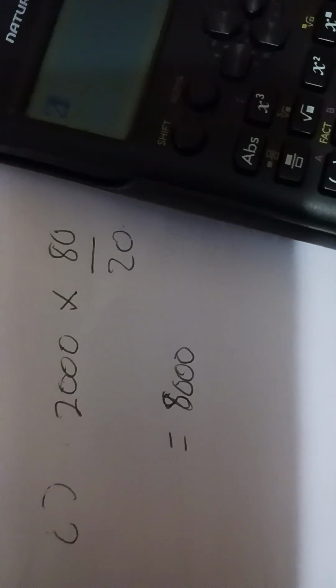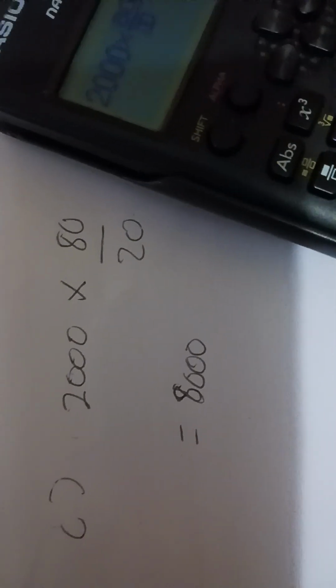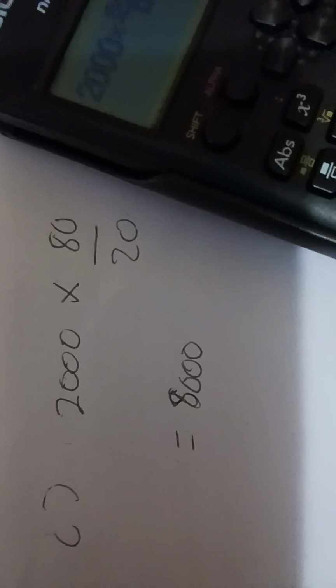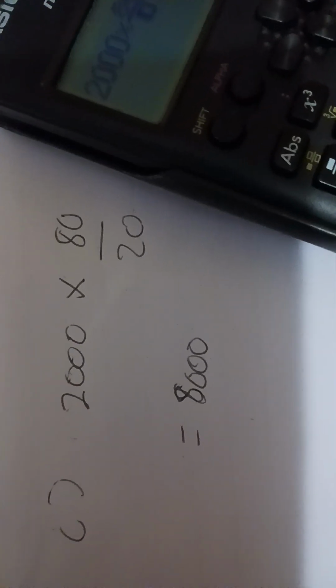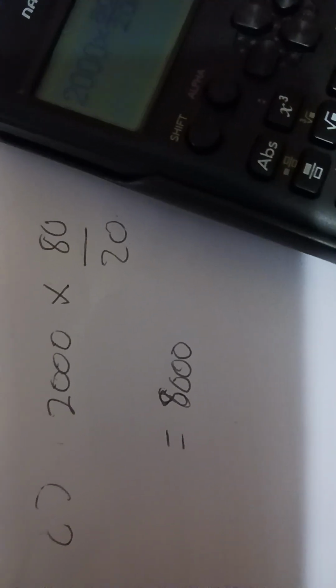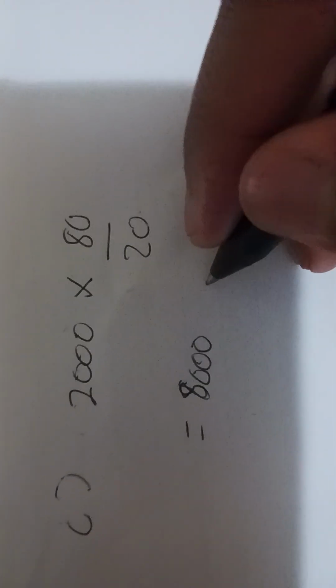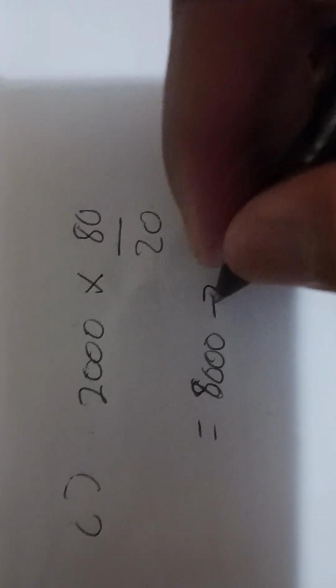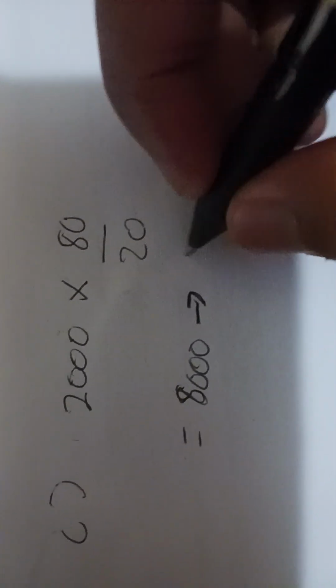And if you want to check with the calculator, that's very much okay. So we have 2,000 times 80 over 20. We get an amount of 8,000 Rand. Now that's what's supposed to be written off, because the difference is what we write off, right?